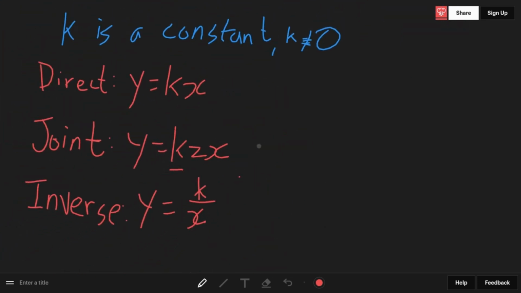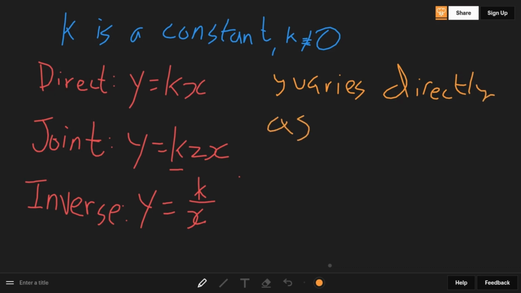With this in mind, say in a certain situation, y varies directly as x to the fifth, inversely as the root of x.